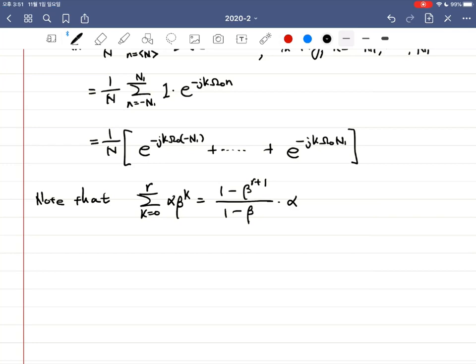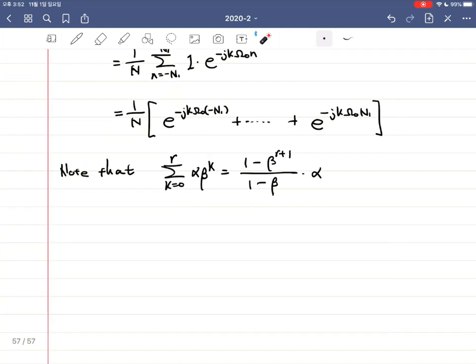So alpha has nothing to do with this summation, so we can just get it out of this summation. And let's figure out what alpha, what beta, and what r is for our case.